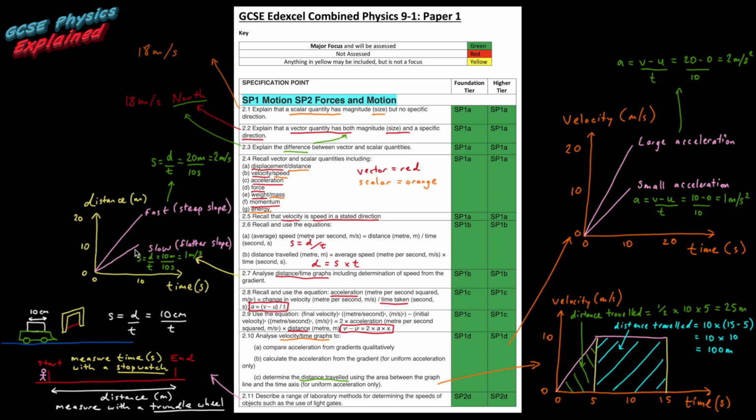In order to get the speed from the gradient, remember speed is distance over time, so you can see this object here has covered a distance of 20 meters and it did it in 10 seconds. So 20 meters divided by 10 seconds is 2 meters per second. This object here in 10 seconds only travelled 10 meters. So 10 meters divided by 10 seconds, and that comes out as 1 meter per second.